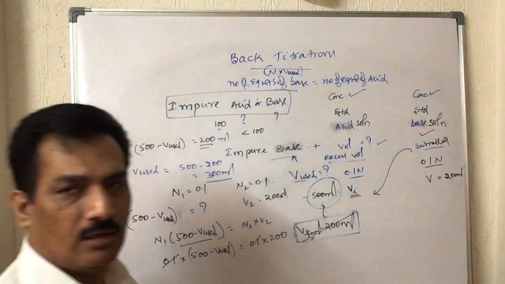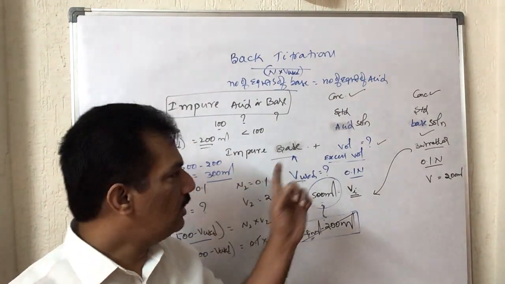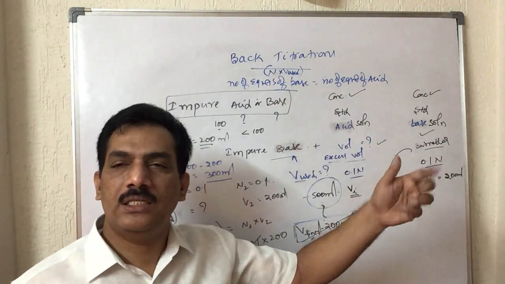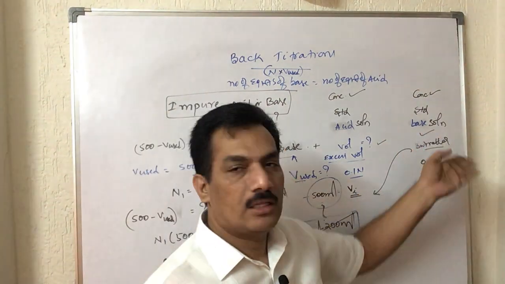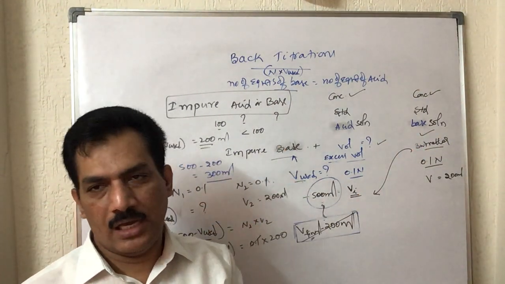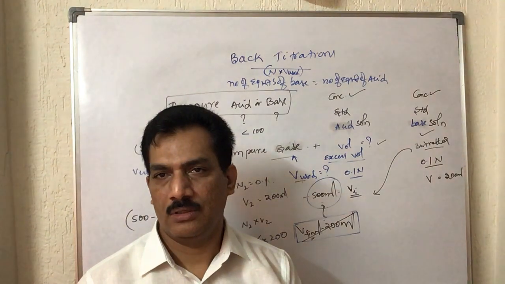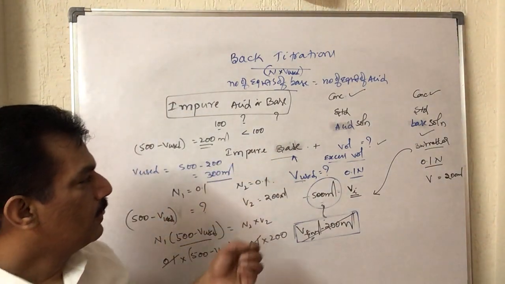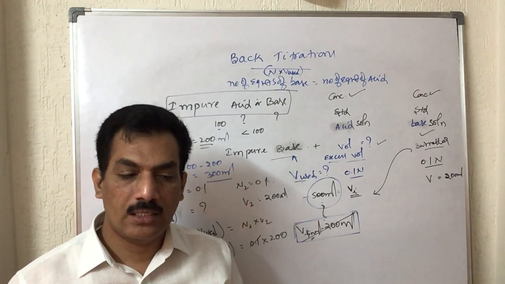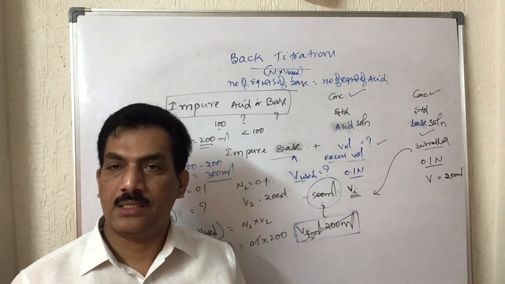The same thing, but now when it is base we use acid, and the excess acid is again titrated with another base, base with acid, that acid with a base. So again back titrations.